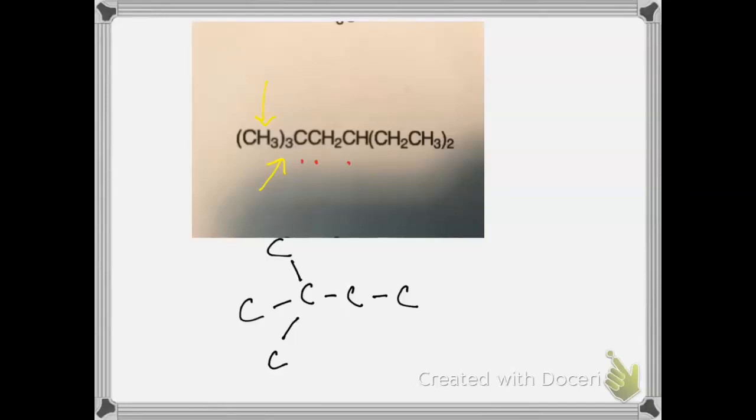And if we go to the end of the compound and see the parentheses, those are ethyl groups, and the subscript is telling us that there are 2 ethyl groups hanging off of that very last carbon. So we go through and draw our ethyl groups at the end here. And that, without hydrogens, is the expanded structure of that compound.